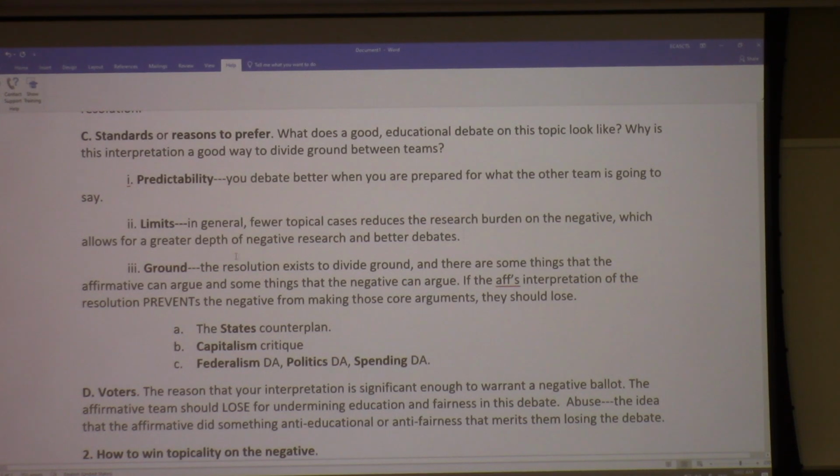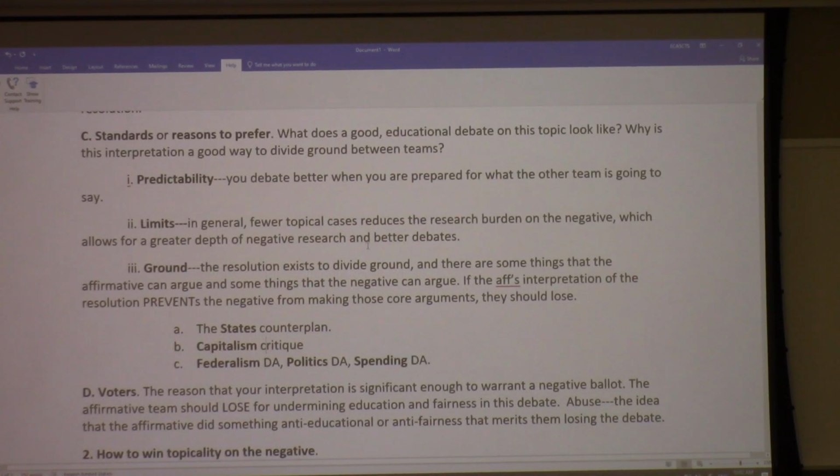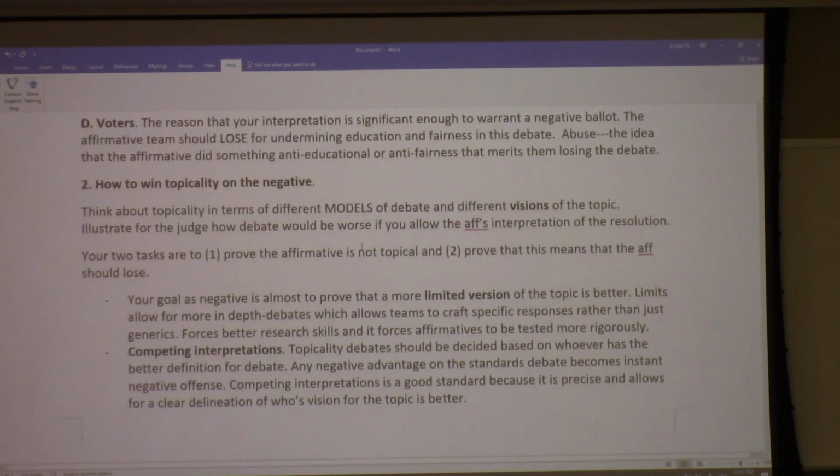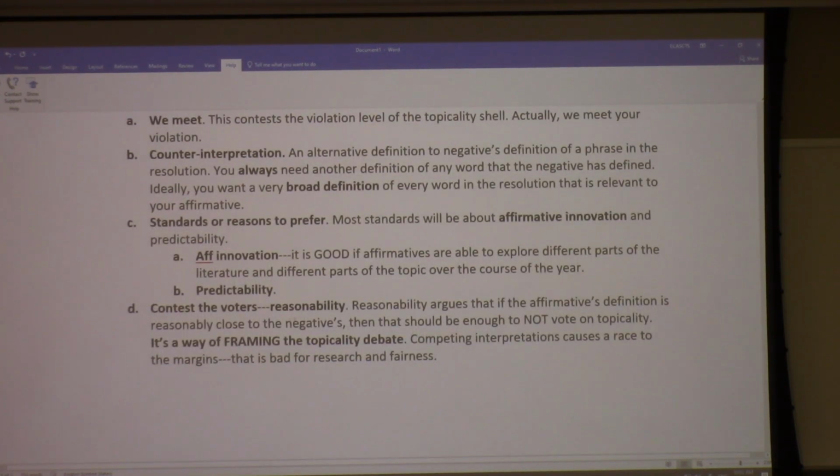So maybe there's one fewer case that's involved. Maybe the negative has one more piece of ground that they could say against it. And if we're using competing interpretations to think about topicality, that would be enough for them to win the debate. And reasonability counters that by arguing that if the definitions are reasonably close to one another, then that should be enough for the affirmative to win.